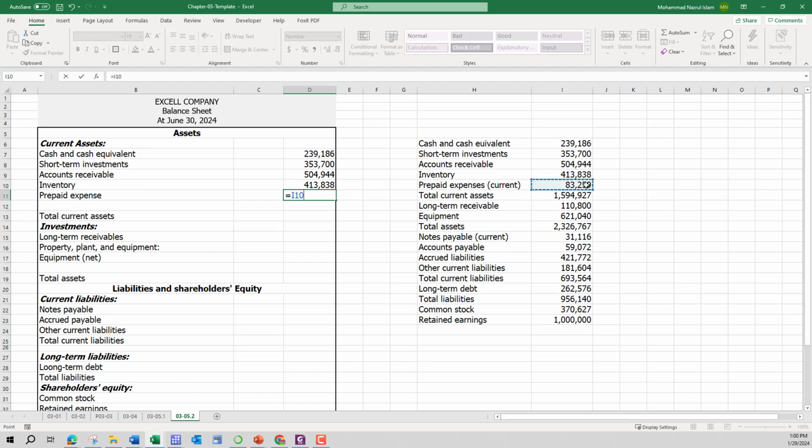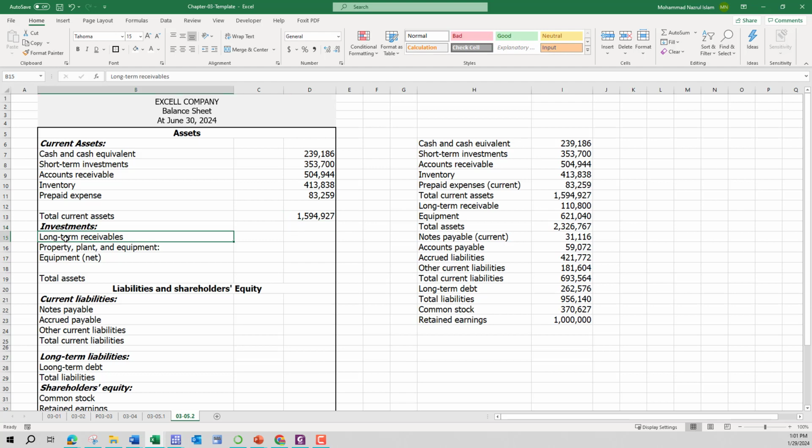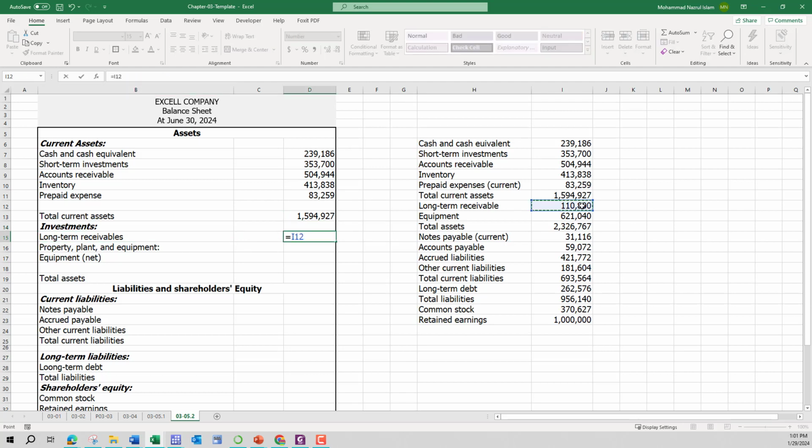Total current assets is the sum of these. Long-term receivables is this one. And property, plant, and equipment, net, is given because there is no depreciation here. So it should be equipment, this one.